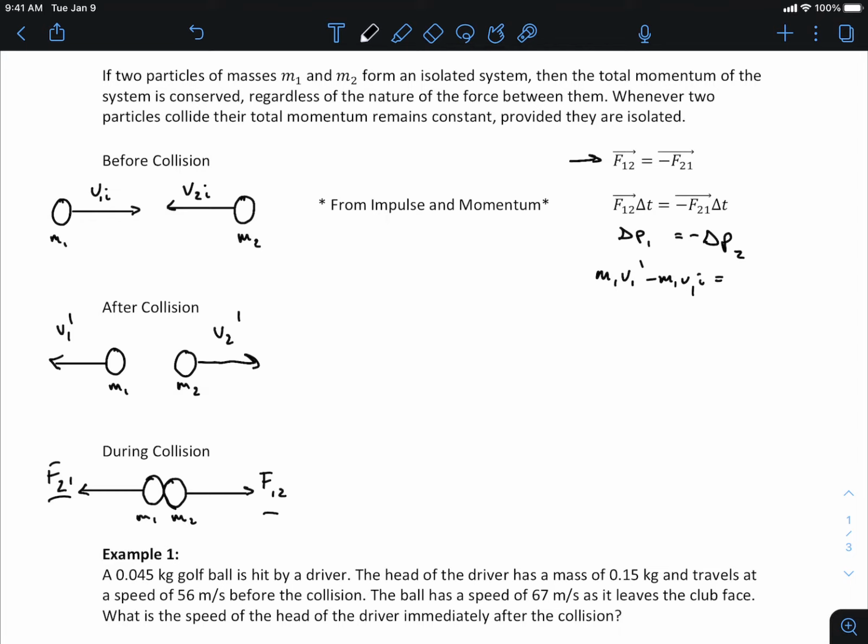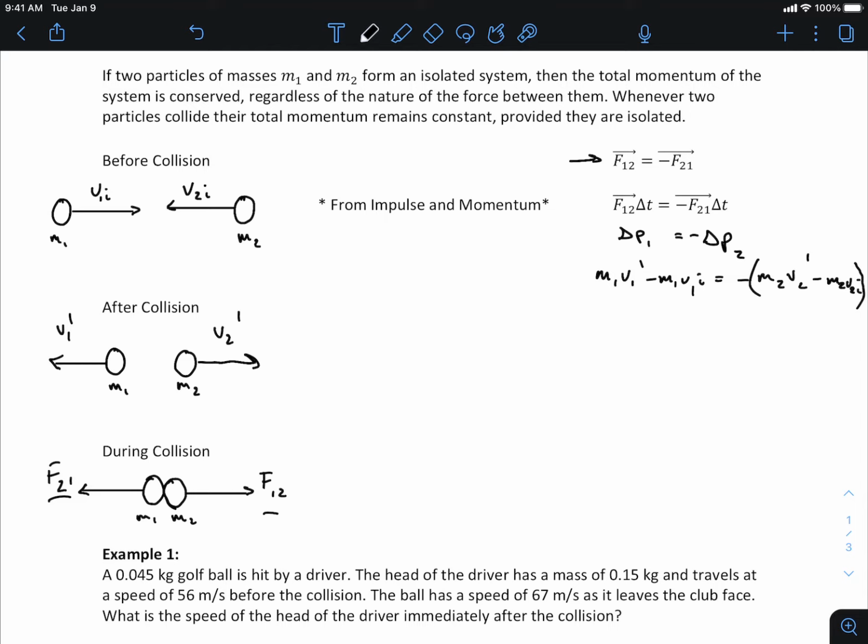And then on the other side, it has to be the negative change in momentum, but it's going to be the same thing. We're going to have M2 V2 prime minus M2 V2 initial.